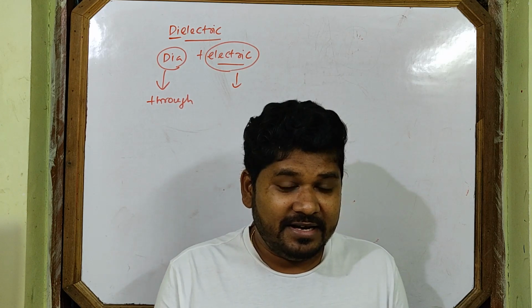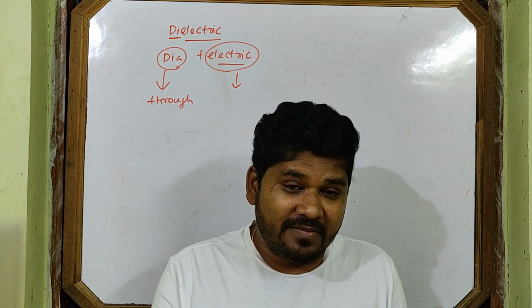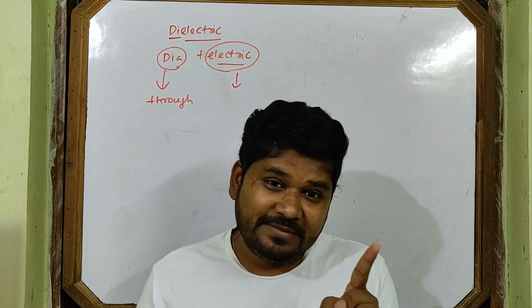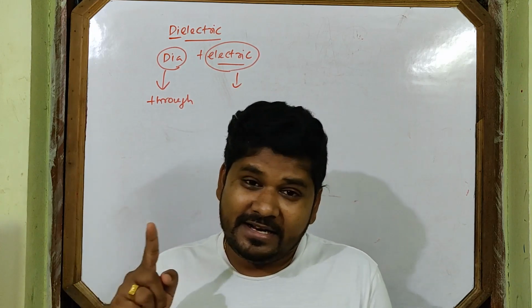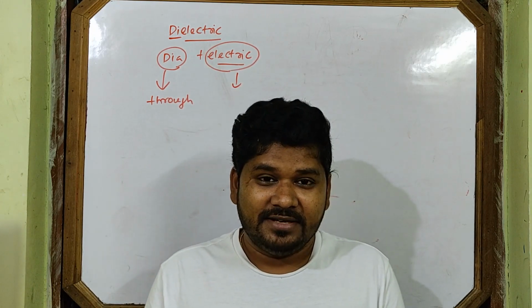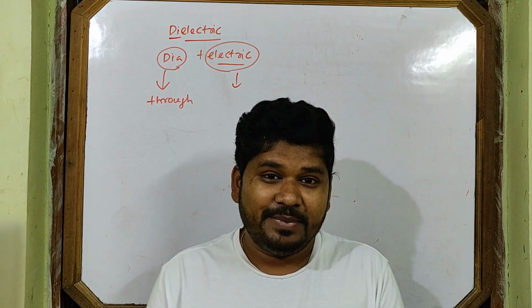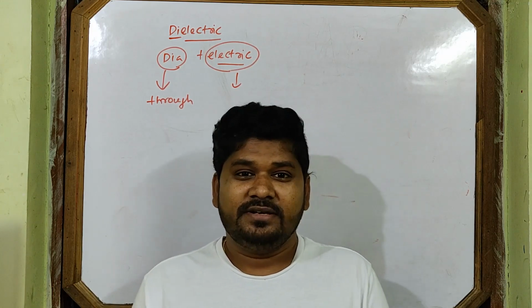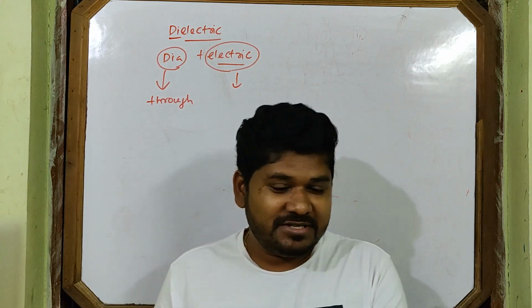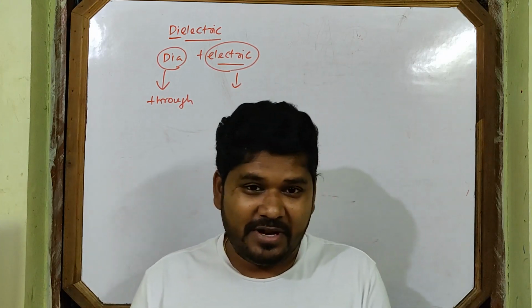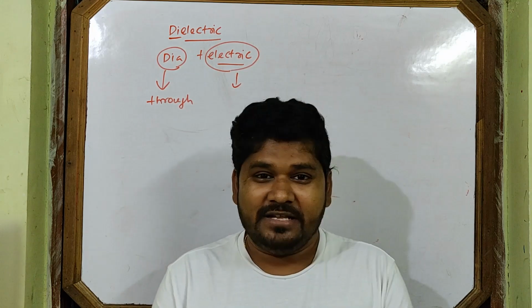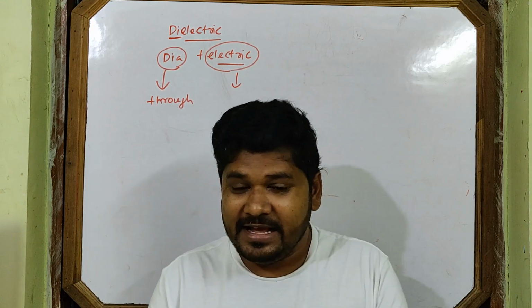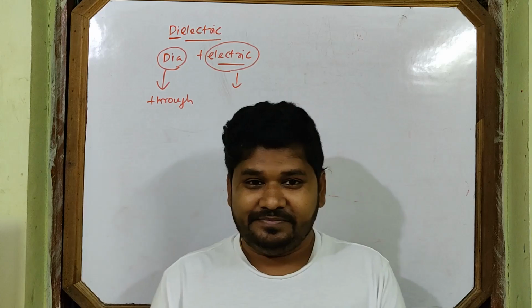In a dielectric, electric current cannot pass, but electric field can pass through. In a conductor, electric current can pass, but electric field cannot. You know, electric field touches the surface of a conductor perpendicularly but cannot enter it. This is the basic difference. I hope you now have a little idea about what a dielectric is.